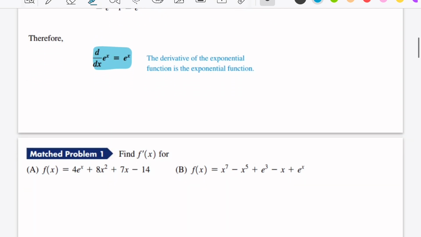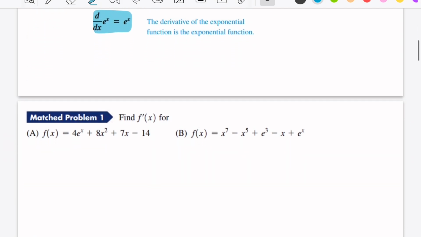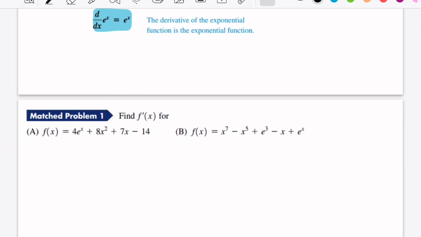So what we'll do is go over a few examples using this new definition. Looking at part a, we want to find the derivative of f of x, so f prime of x. This first term here, we have 4 times e to the power x. Something to remember here is from chapter, I believe, 2.5: if we want to find the derivative of this whole thing, we can just find the derivatives of all of these individual terms.